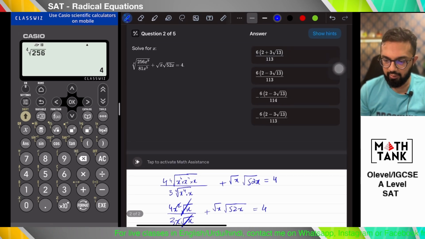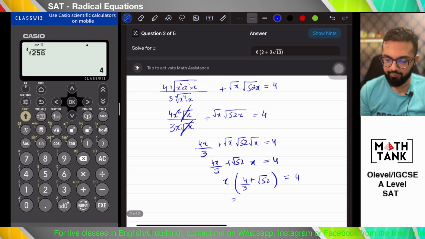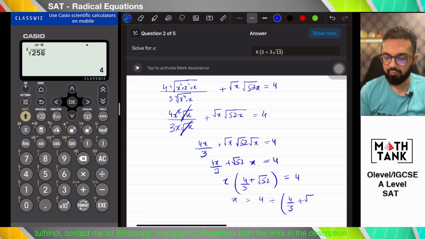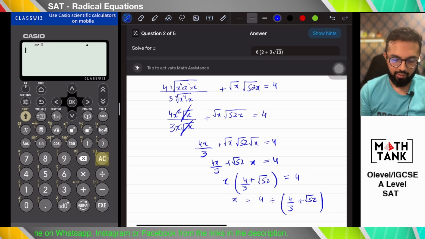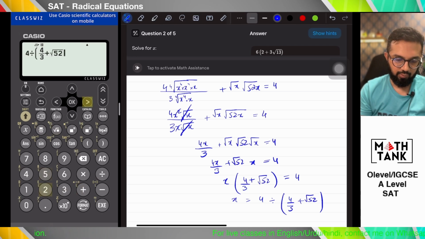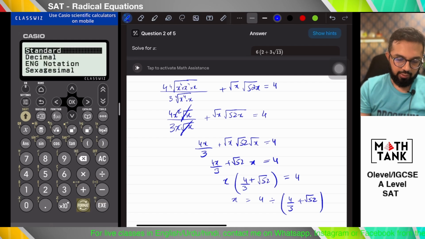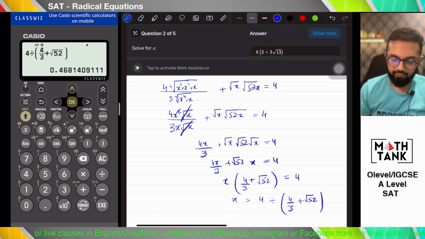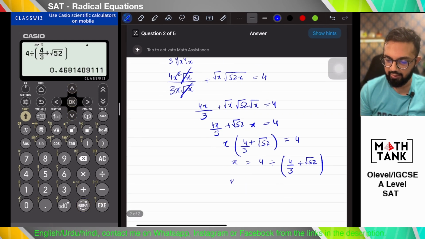In fact, I can just put that on a calculator. Divided by, I hope it's going to work. No, it's actually not working, so I'll have to do this manually.